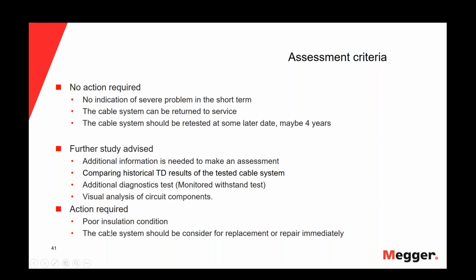Maybe what I need to do is put the cable back in service and repeat the tan delta test in 1 year and see the behavior of the tip-up, or the delta of the tan delta, and the standard deviation to try to take a decision. But never take a decision from one first measurement of the tan delta.